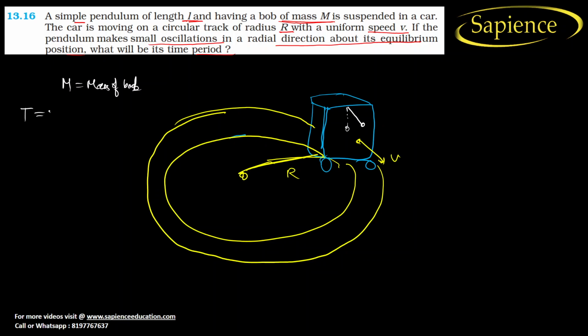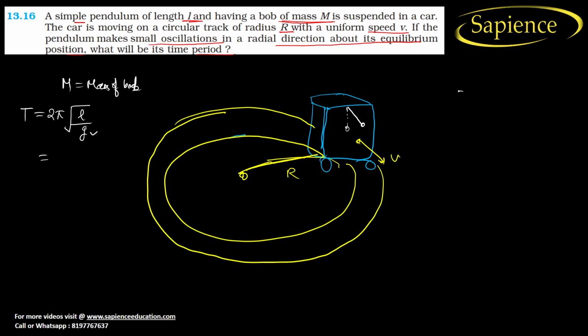So we know that the time period is equal to 2 pi root under L by g. Now here, when it is moving, it won't be only g. We want the net gravity, because when it is moving, g won't work properly alone.